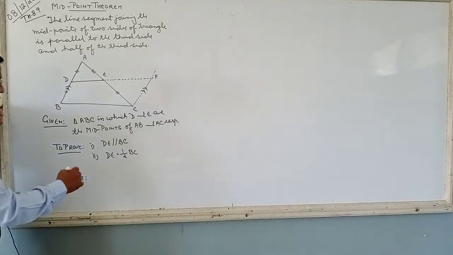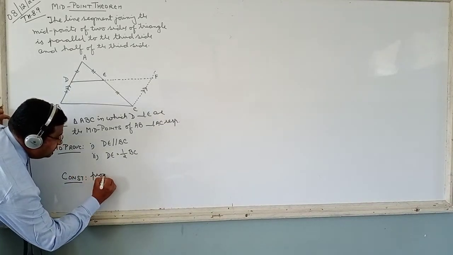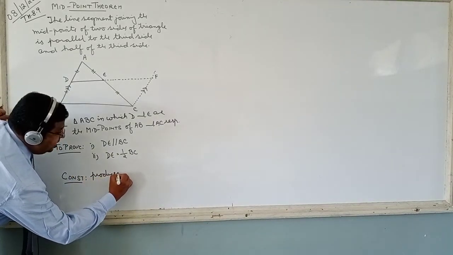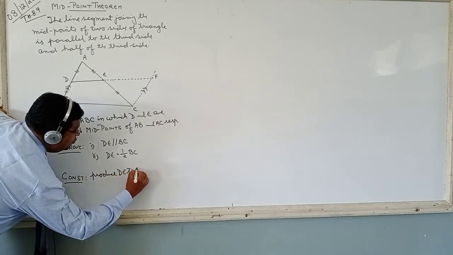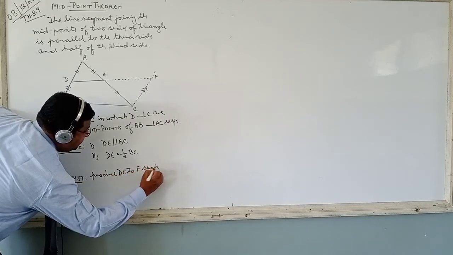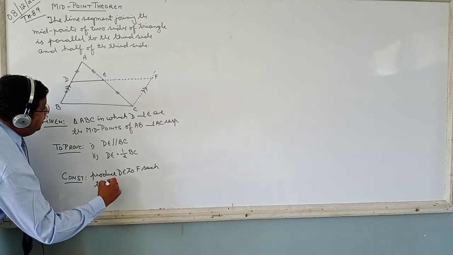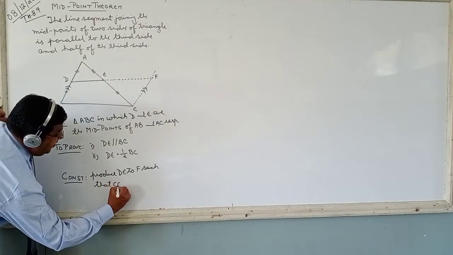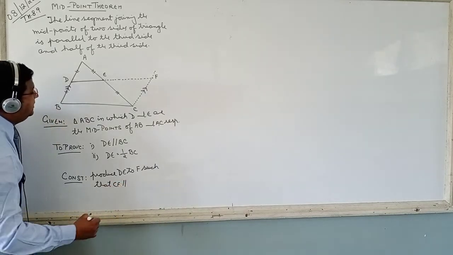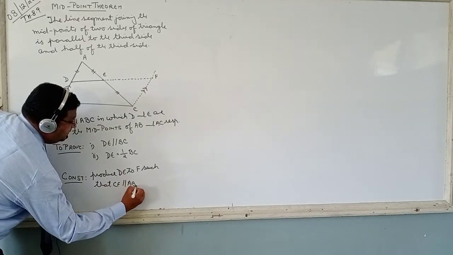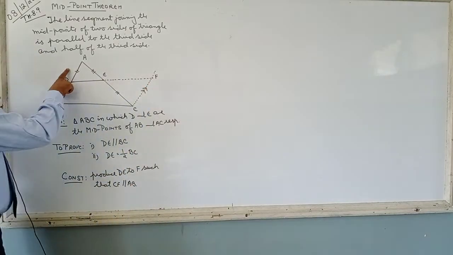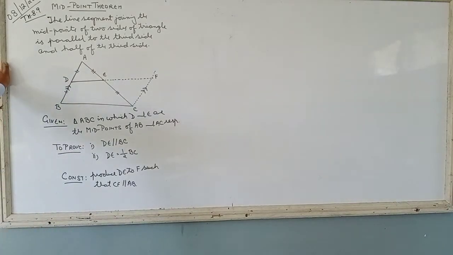What is the construction? Produce DE to F such that CF is parallel to AB. This CF is parallel to AB. Alright, now observe it.